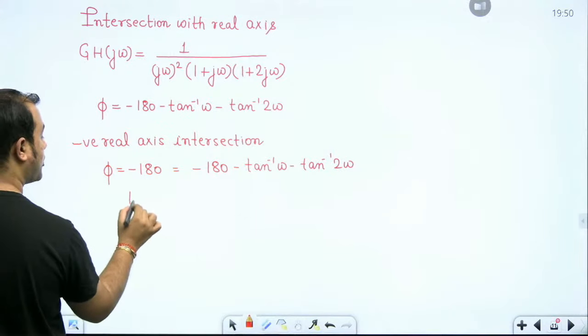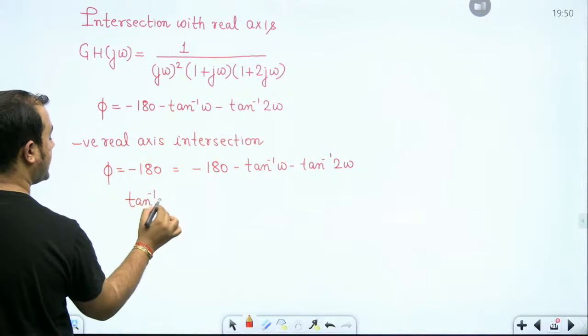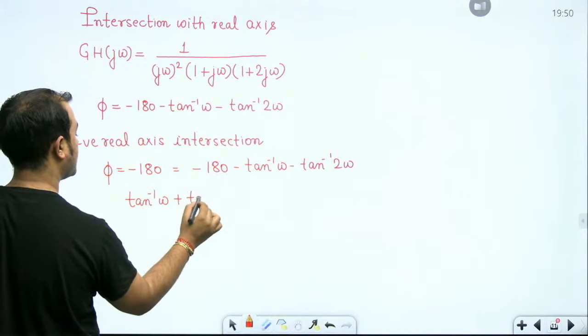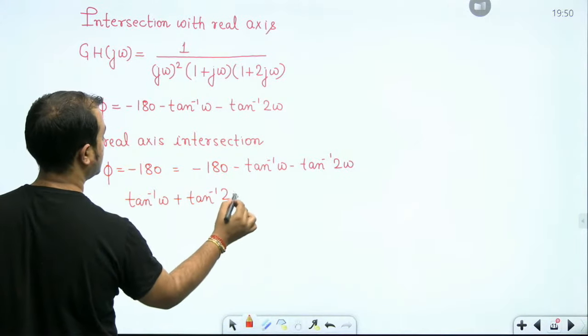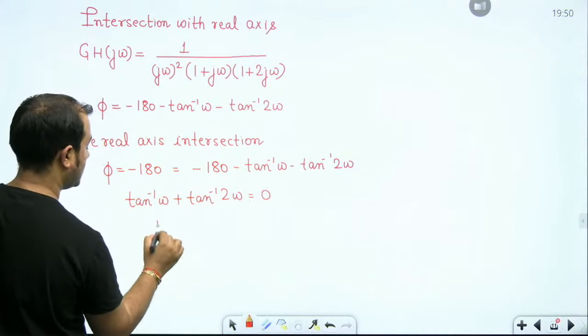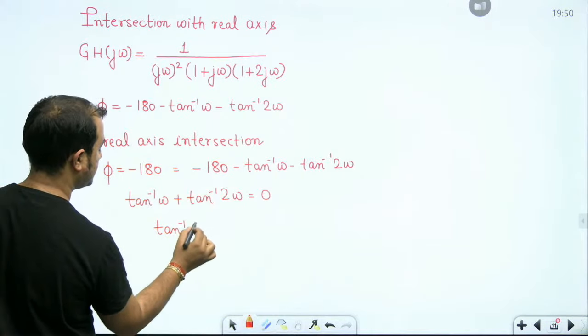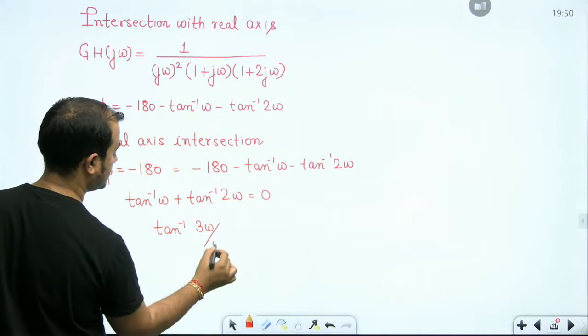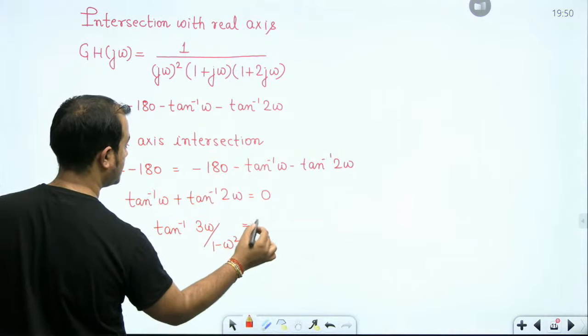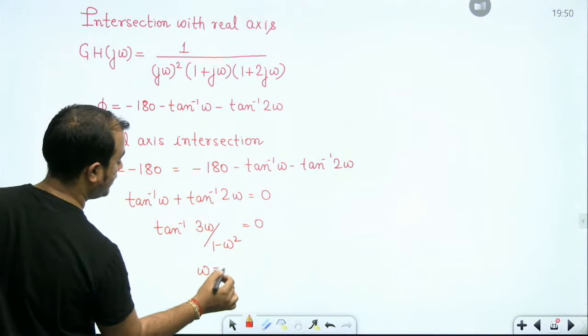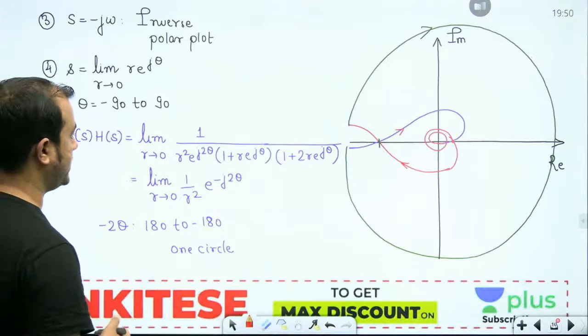Okay. So from here you get tan inverse omega equal to 0. So you get only 1 root, omega equal to 0.